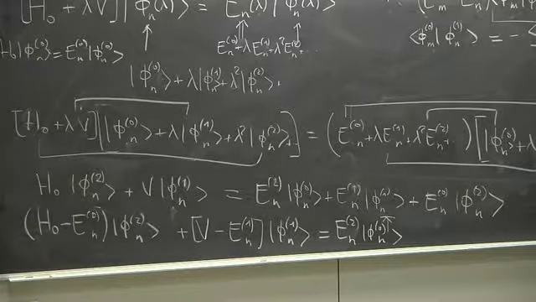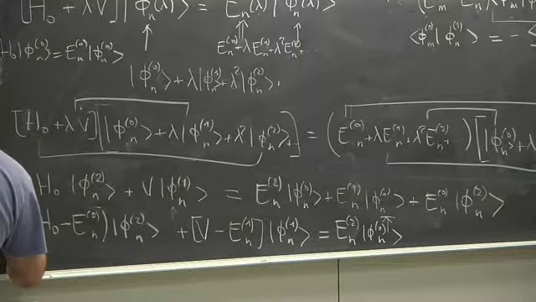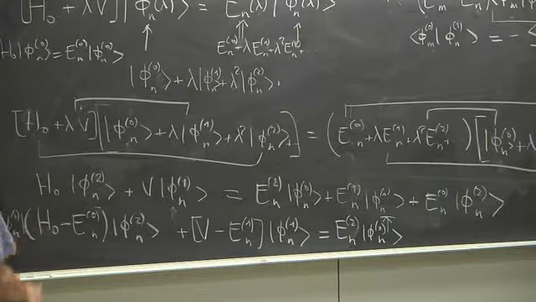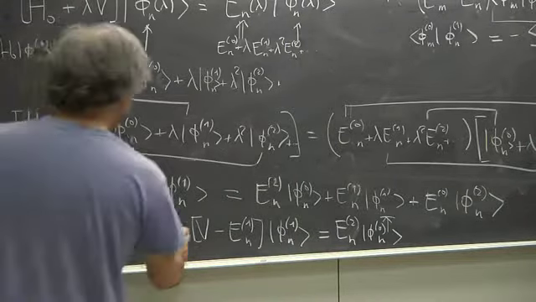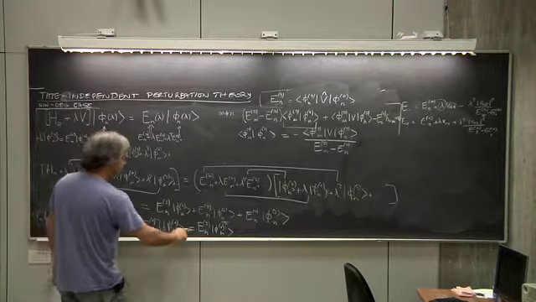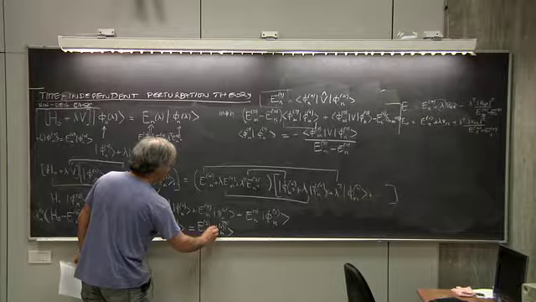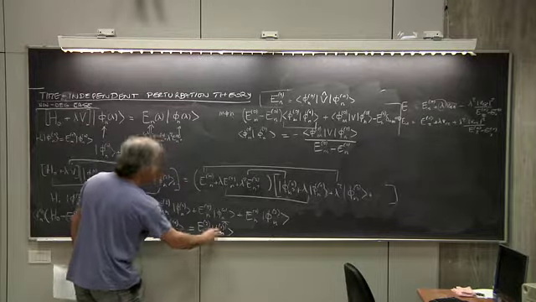So let's see. Suppose that I take now the scalar product of this thing, usual trick as before, with phi 0n. Now, this has phi 0n, and this has also phi 0n, which is 1.